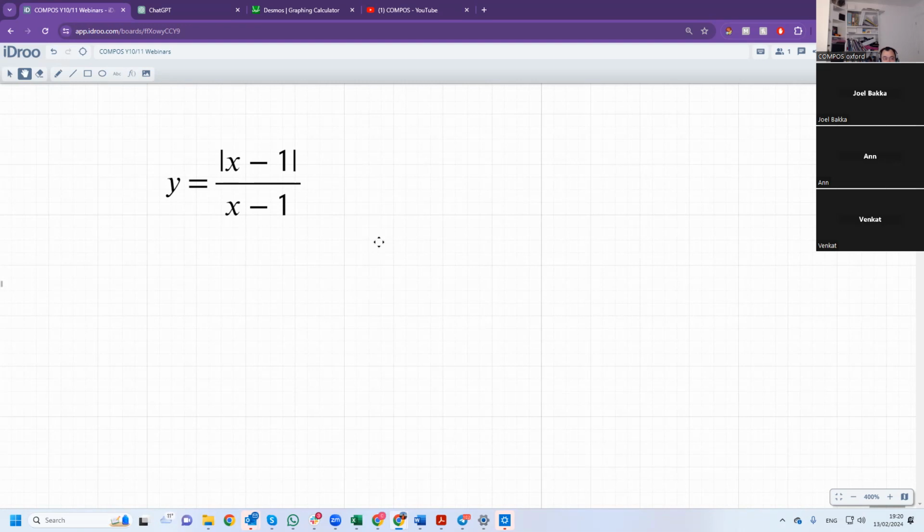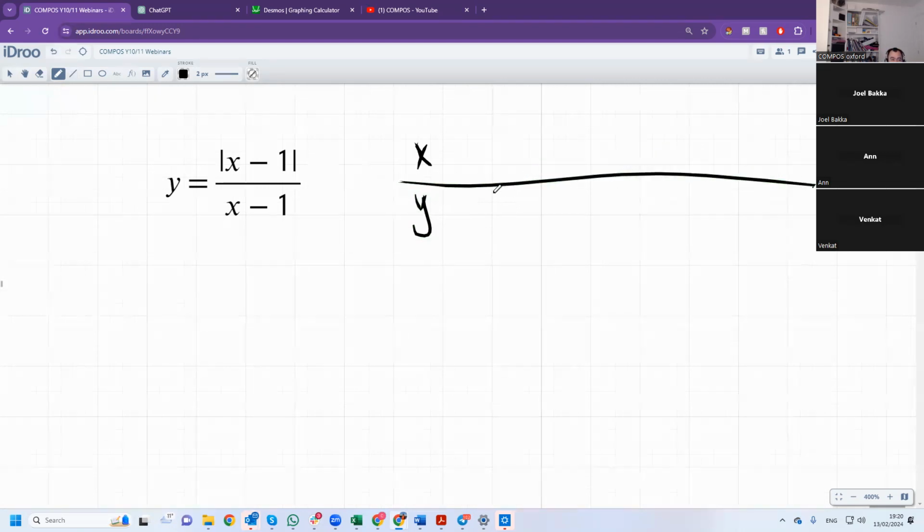You can test it for different values of x. Maybe just use a table. Fill in a table, x and y, and take minus 3, minus 2, minus 1, 0, 1, 2, 3.